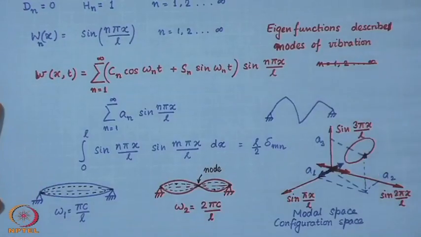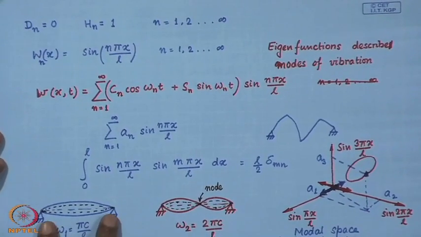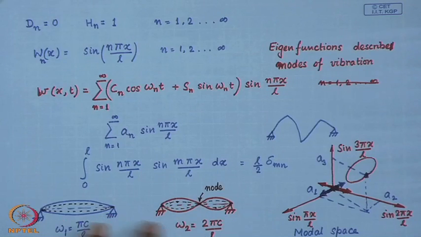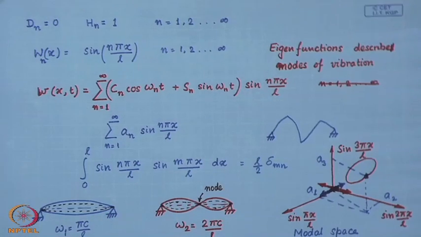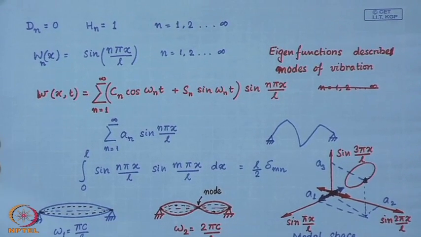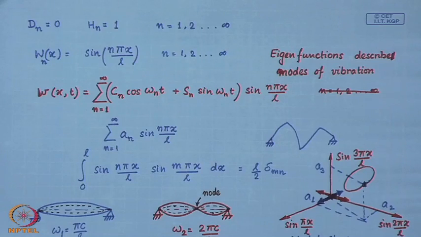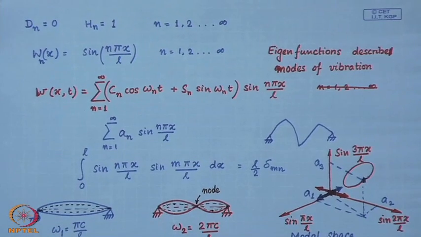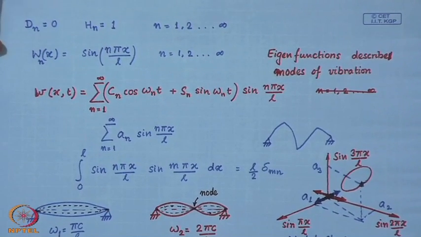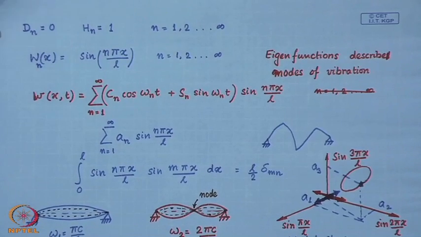So, this is what we have observed. We have seen the first two modes quite clearly, the third mode, because the amplitudes are so small, is less visible, and so on for the higher modes.